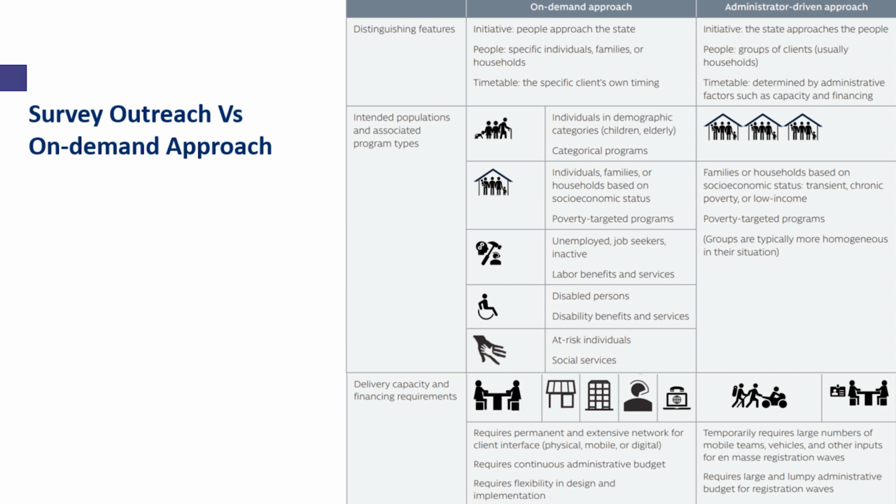Whereas the administrator driven approach includes families or households based on socioeconomic status, chronic poverty, or low income. And these are essentially poverty targeted programs. So, these are the main differences between the two kinds of outreach programs that we discussed.